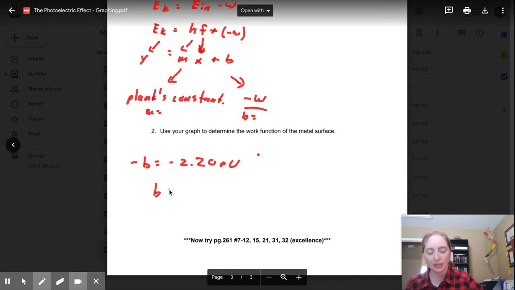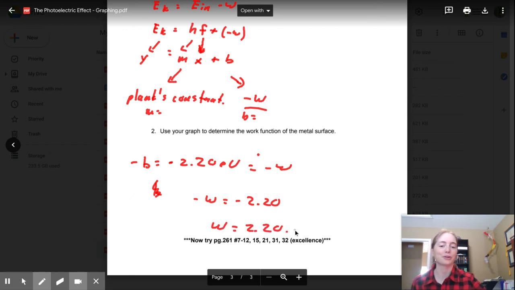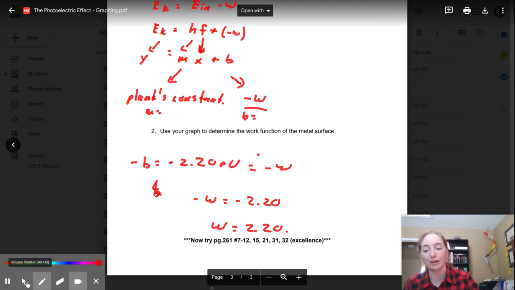So that means we make everything positive. So if negative W is equal to negative 2.20, our W is going to equal 2.20. You just go up to the graph and look at it. That's how I got that number.